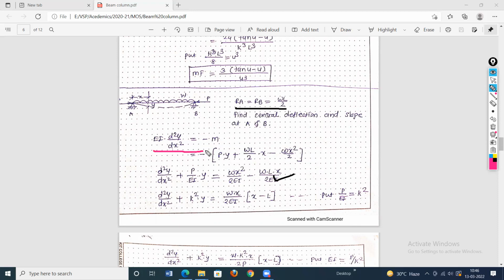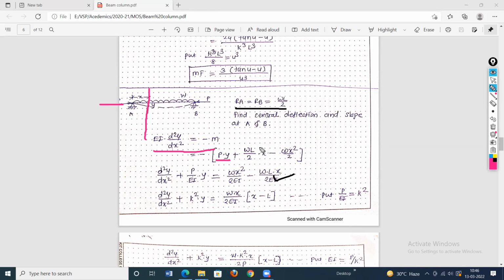Then the moment curvature relation: EI into d2y by dx square is equal to minus M. Now take the bending moment with respect to this point, which is at a distance equal to x. This bending moment will be because of three terms. First is because of the axial loading, it will be P into y.